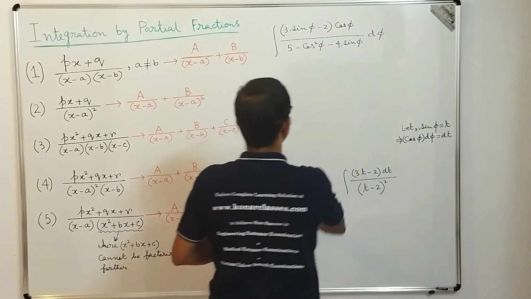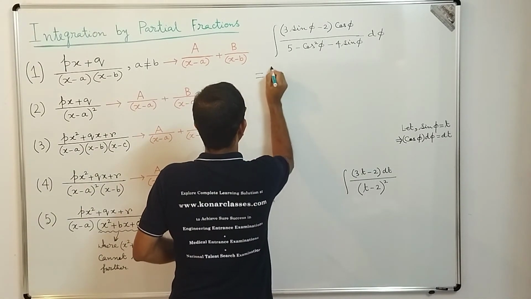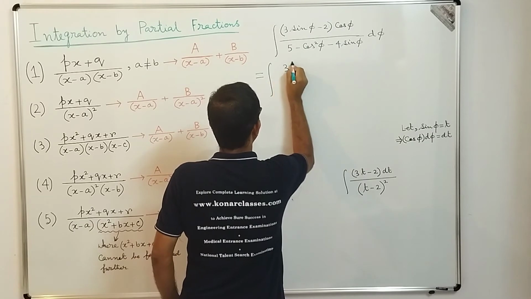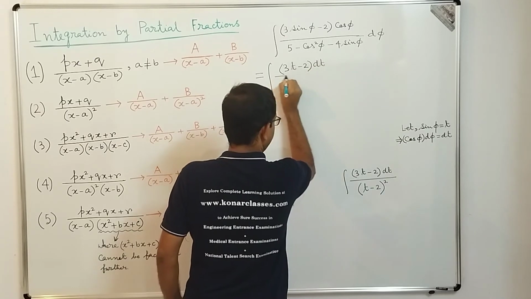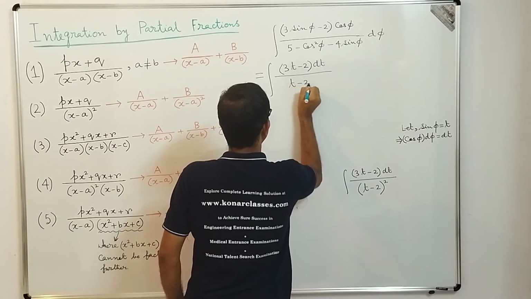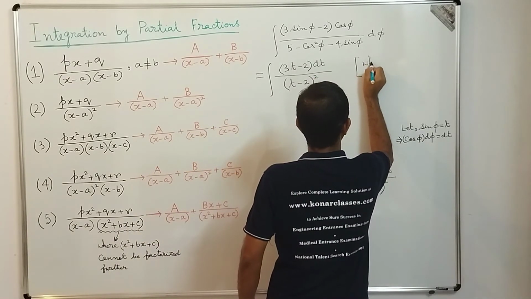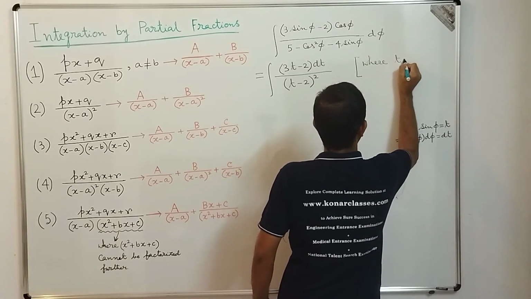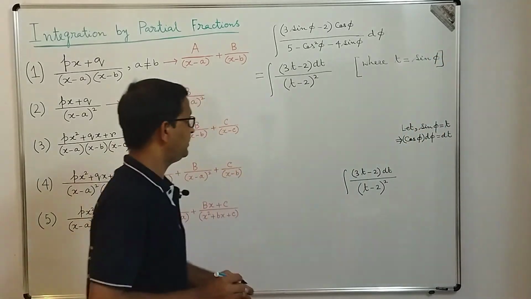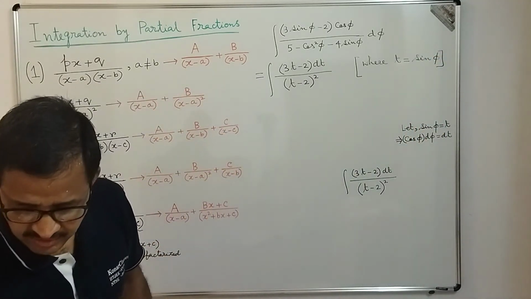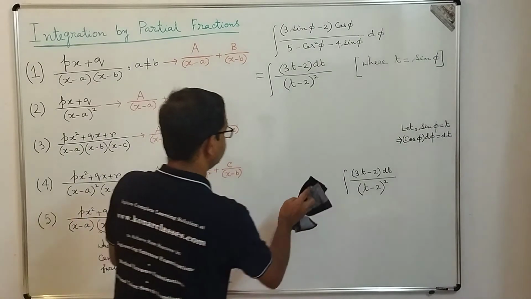The given integration is now transformed to integration of 3t minus 2 dt divided by t minus 2 whole square, where t is equal to sin phi. So now here comes the concept of partial fractions. Let's see how we can perform the partial fractions.